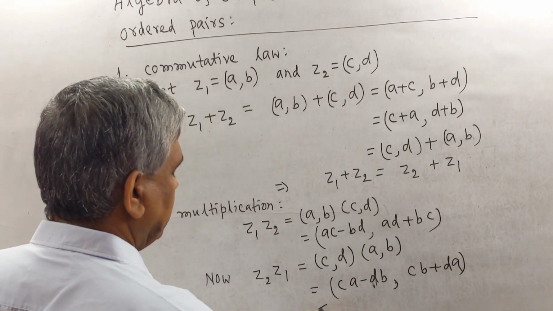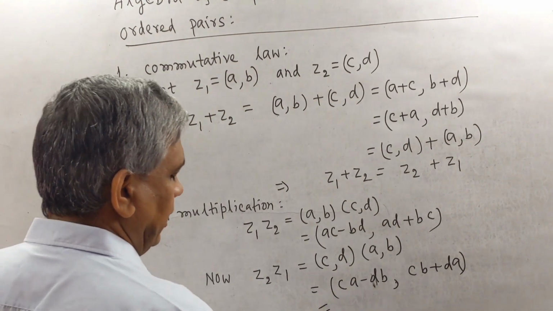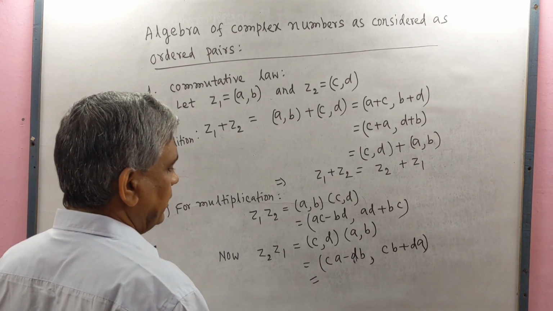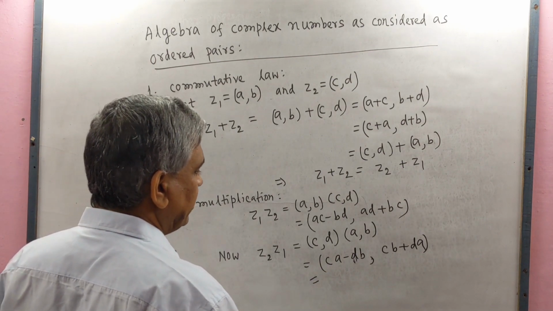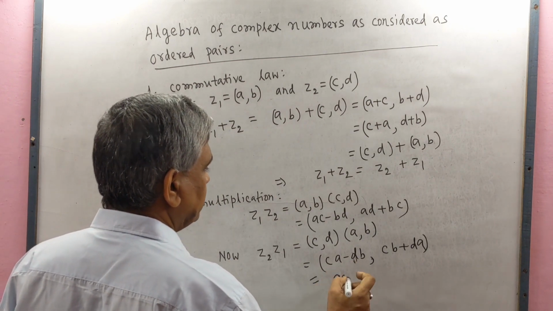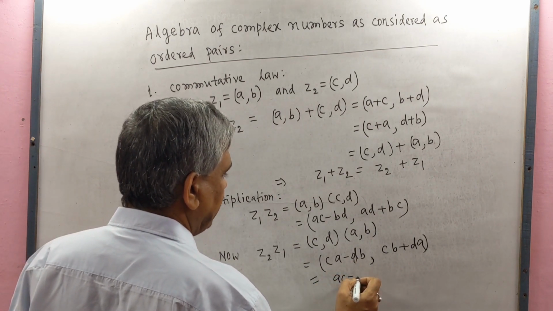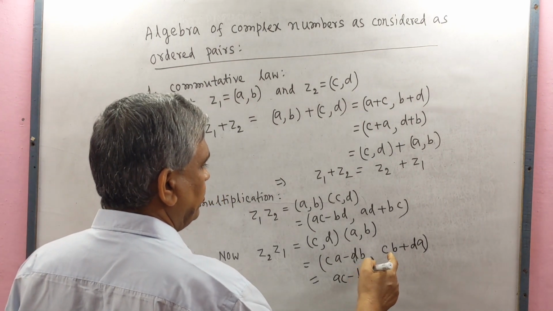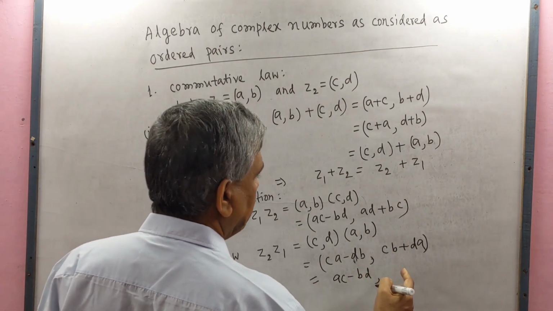We may write ca, both are real numbers and real numbers are commutative, so we may write ac. Here also the same case, we may write bd. Here we may write bc.